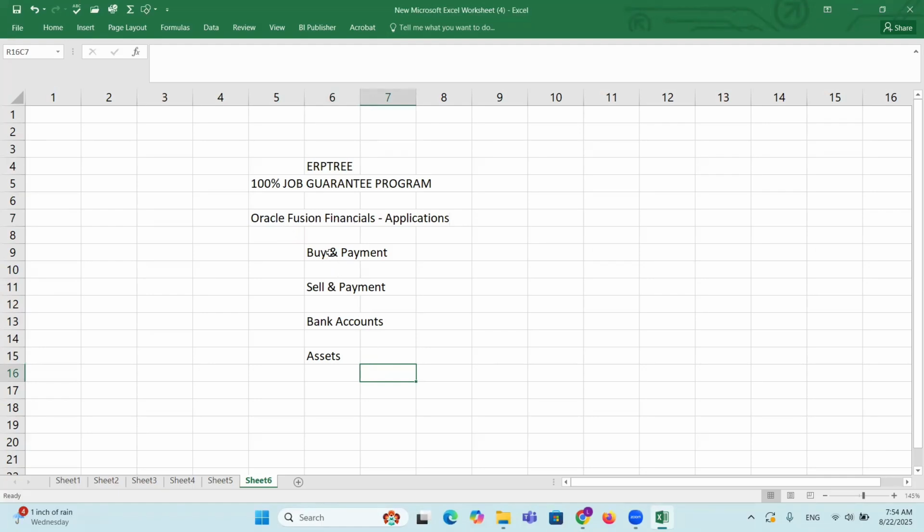Buy and pay. So within Oracle Fusion Financials, more than focusing on buying, we focus on payment. We get invoice from the supplier when you buy something as an organization, and we make the payment.